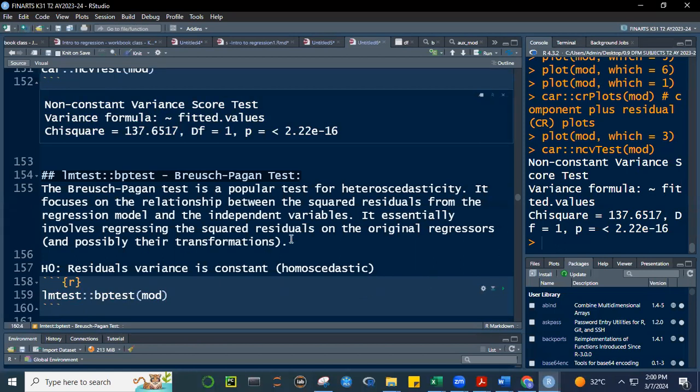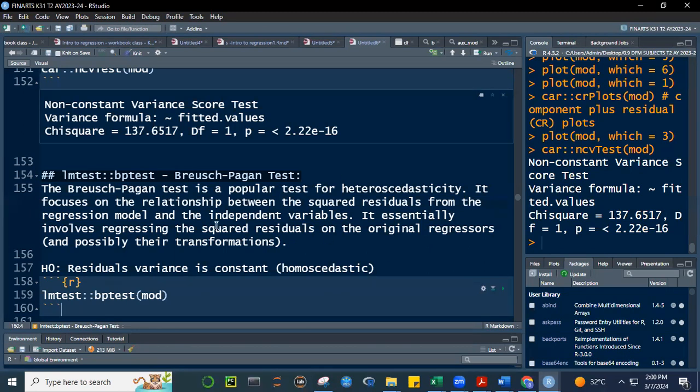So the Breusch-Pagan test, class, what does it test? What it does is it will create a regression model, take the residuals and square them, and then regress that on the predictors of the model. The model has 4 predictors, right?